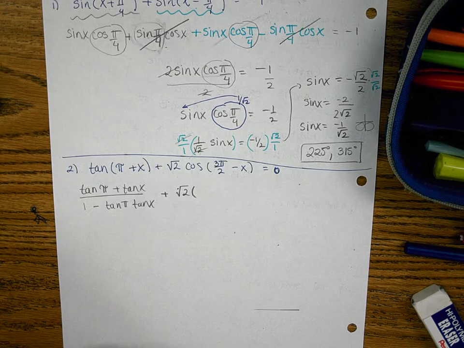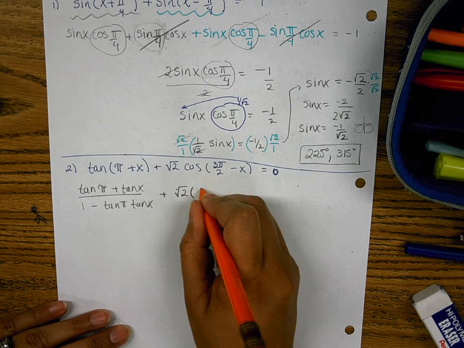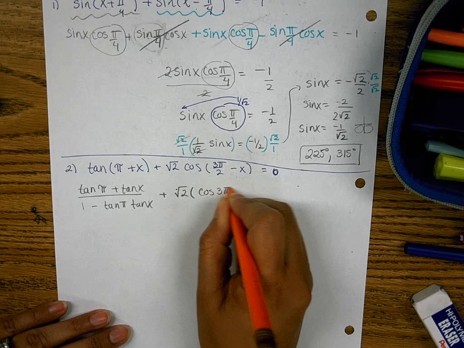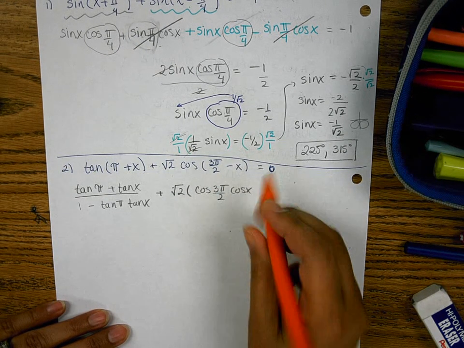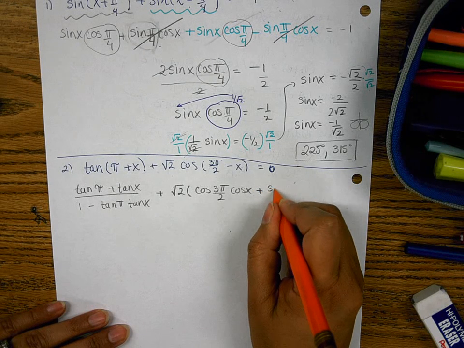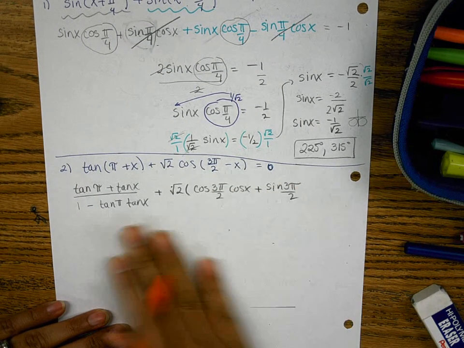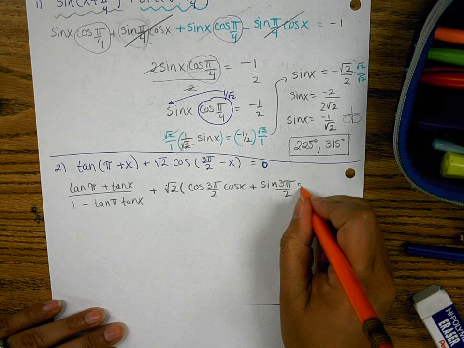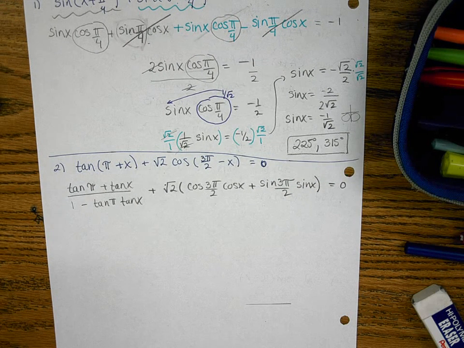Cosine's the snobby one. It stays by itself. So cosine of 3 pi over 2 cosine of x, opposite sign, so it's plus sine of 3 pi over 2 sine of x. Close parentheses, and it still equals 0.